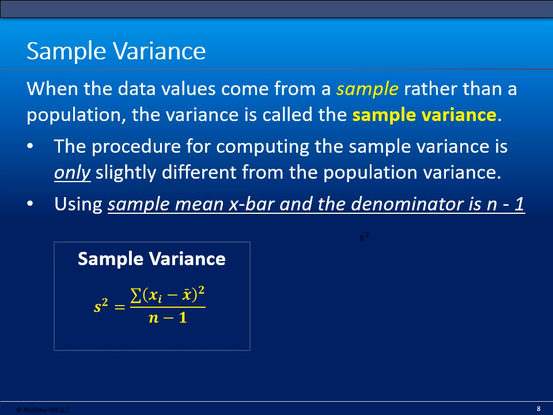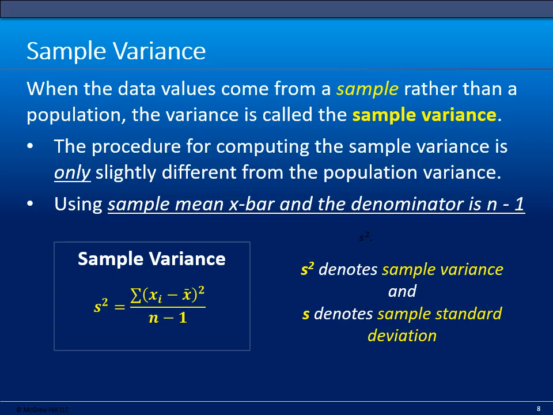And again, we have the same notation for each of the data points, x sub i, which would be x sub 1, x sub 2. We have a lowercase s talking about the sample variation. And then in the denominator, we have the lowercase n, which is the size of the sample. But notice we use n minus 1. Okay, and again, the lowercase s squared is the sample variance, and just the lowercase s would be the standard deviation.